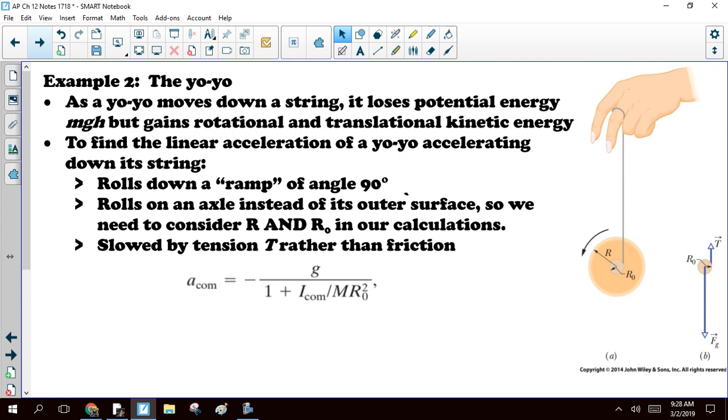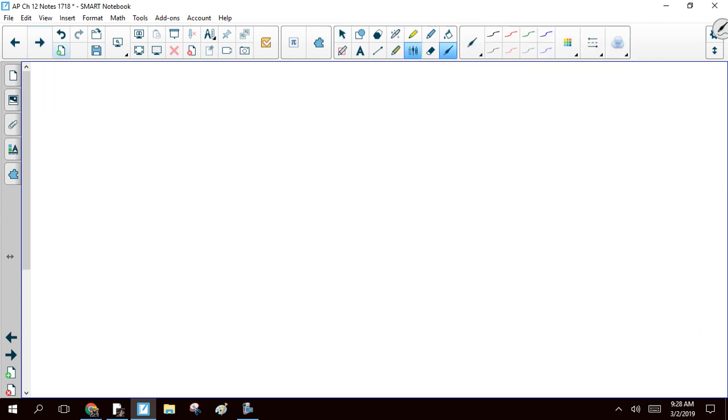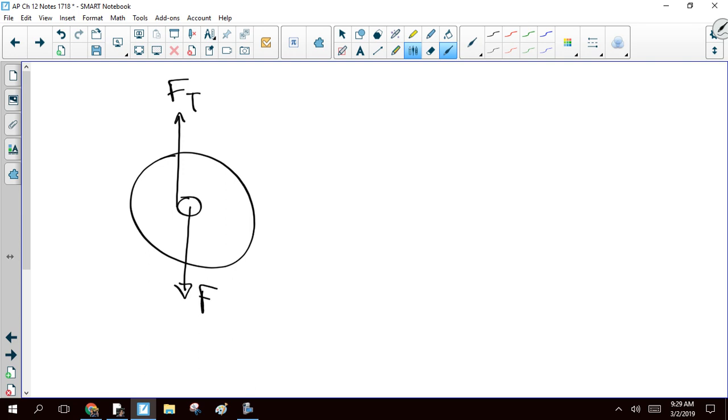So here's the deal with the yo-yo, all right? So there's a couple problems like this. Imagine a yo-yo. Here's the outer shell of your yo-yo. Here's the hub that the string winds around. So there are two radii here. And what forces are there? Well, the string winds around the hub, so you're going to have a tension force up here, and then gravity pulls down on the thing.